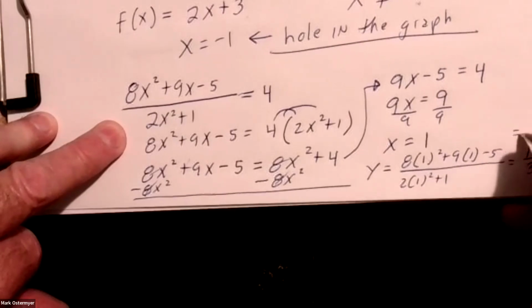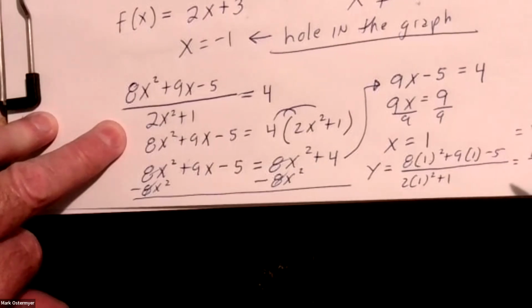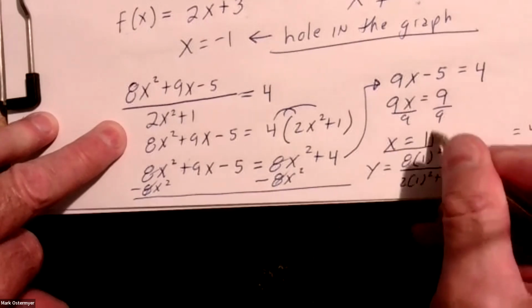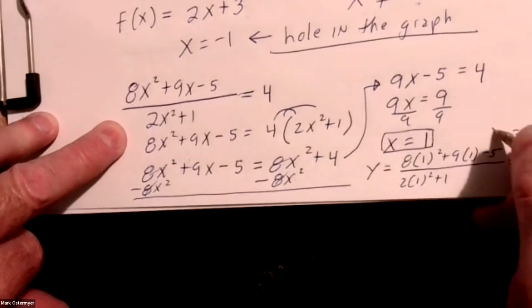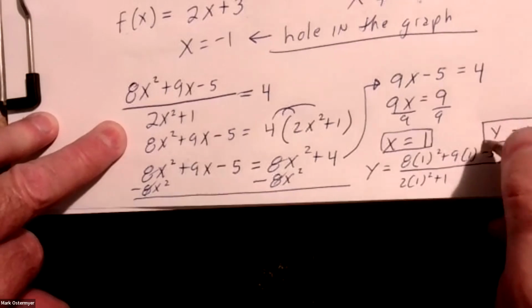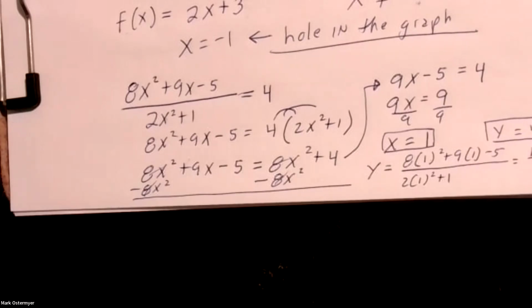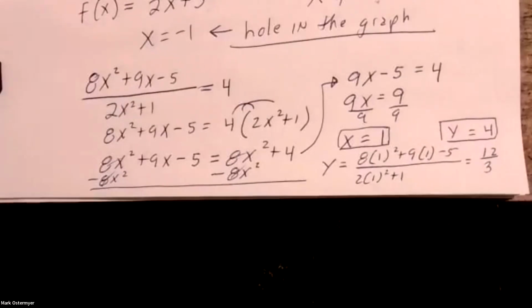So you can see, ladies and gentlemen, that the point of intersection between the graph of this rational function and the horizontal asymptote y equals 4 is going to occur when x is equal to 1 and y is equal to 4. So that is the point of intersection between the graph and the horizontal asymptote.